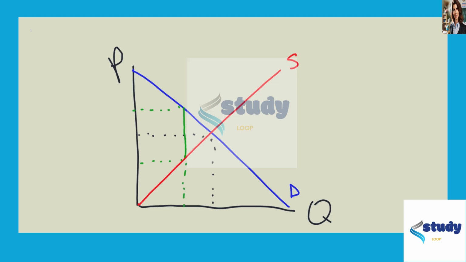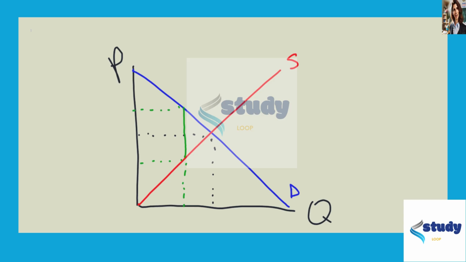That vertical green line is just the amount of the tax. So we see that the quantity has decreased and the price has increased by the amount of the tax. Now we have to identify the areas before and after the imposition of the tax.